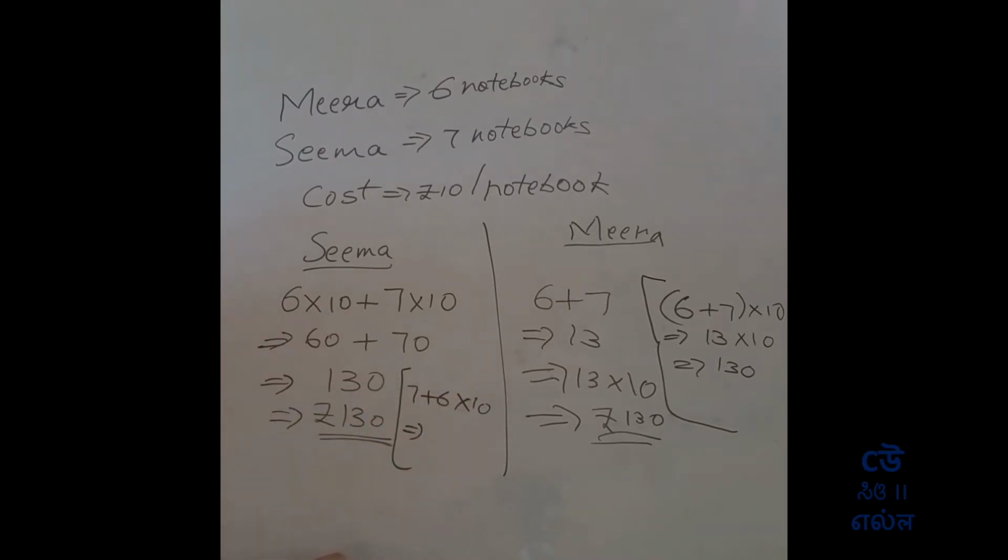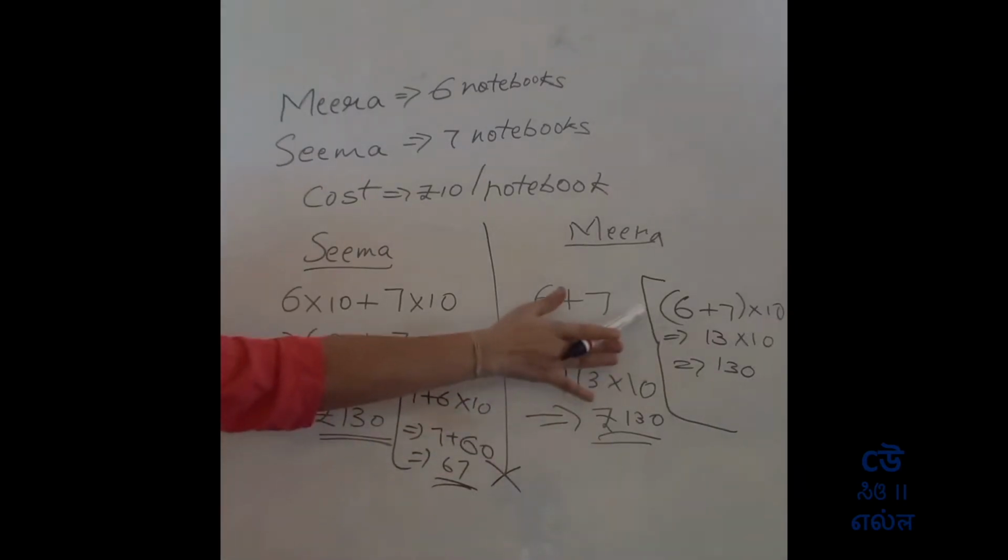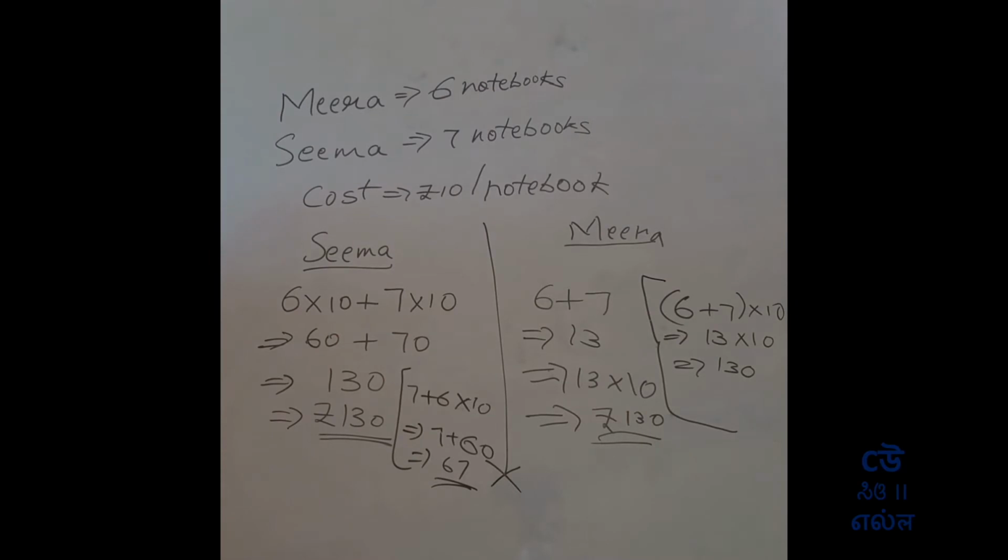So first we multiply 6 tens are 60. Then 7 plus 60 will be 67. So the answer will be different from the answer we should get. So this is the wrong method. Without brackets we'll get the wrong answer. Using brackets there will be no confusion, so that we'll get the correct answer.